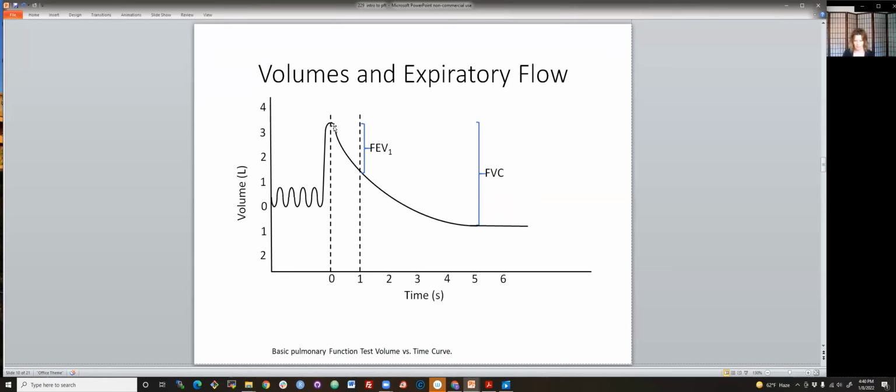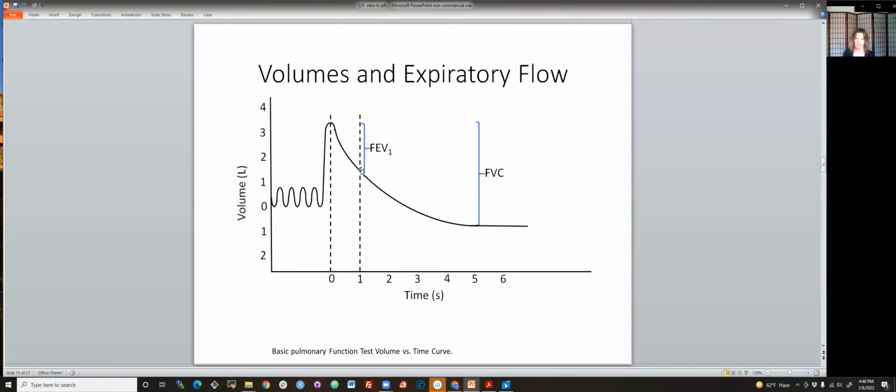Looking at the time, we will move over 1 second, follow that 1 second line to our curve, and put a dot right there. So we'll have a dot at the peak of inspiration, time 0, and a dot on the expiratory flow side of this waveform at 1 second.